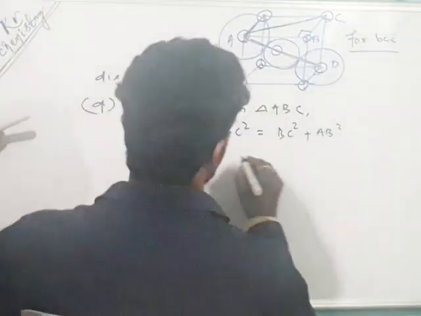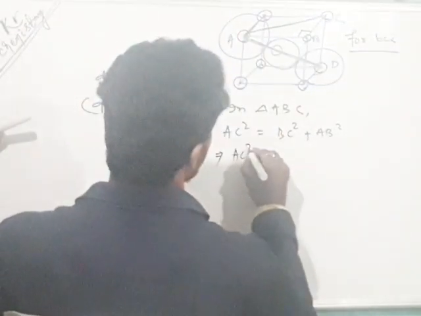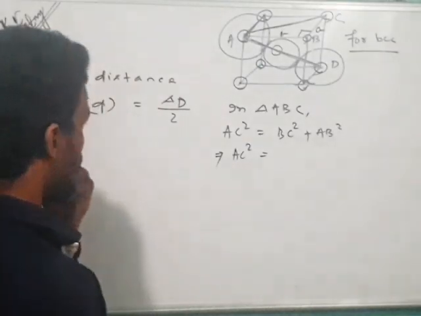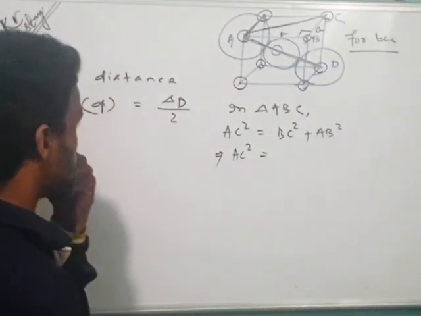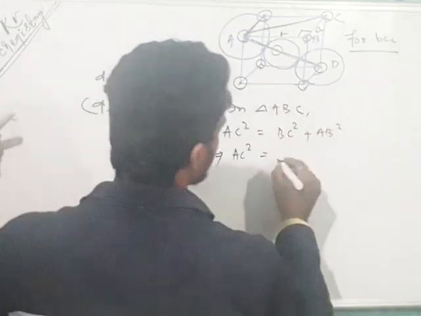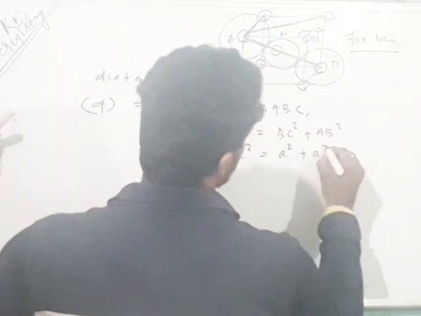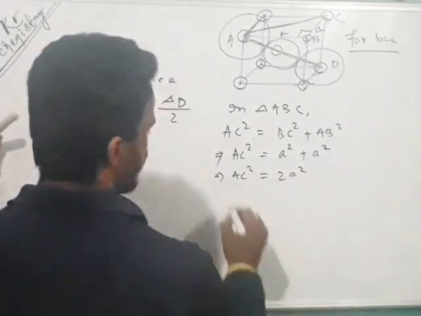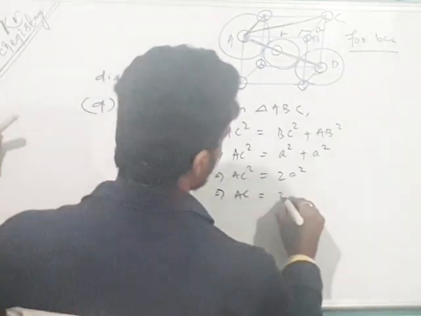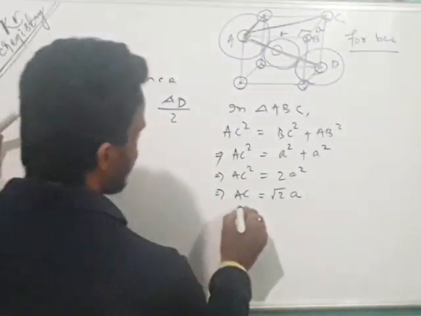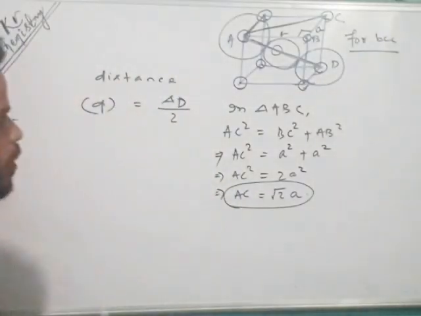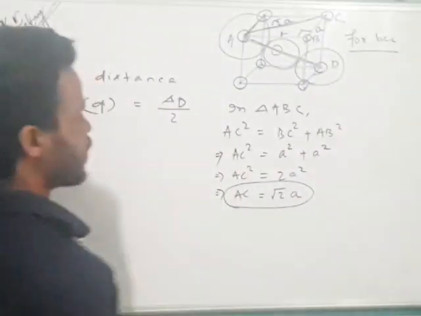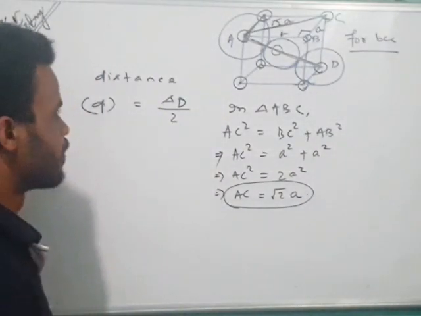We know that the edge length of the cube is a, so BC is equal to a and AB is equal to a. This is a square, this is a square. That implies AC square is equal to 2a square, so AC is equal to root 2 into a.